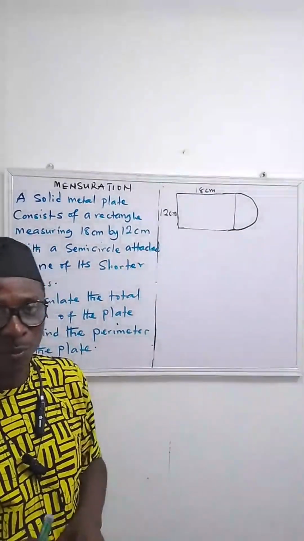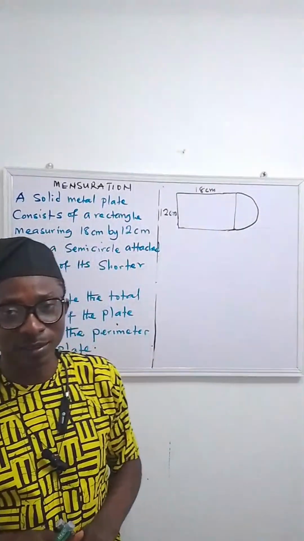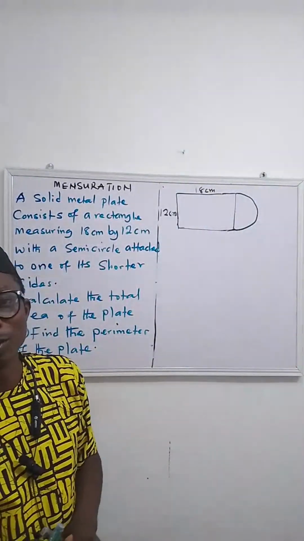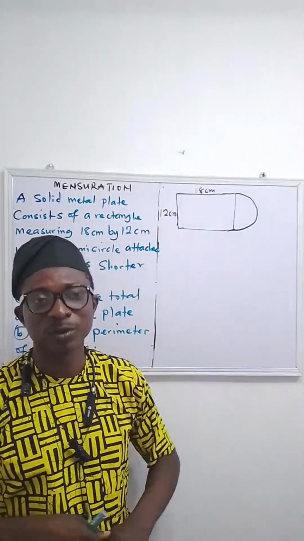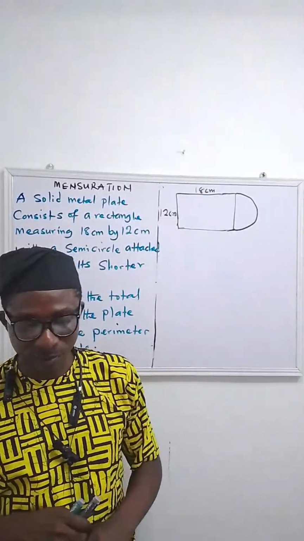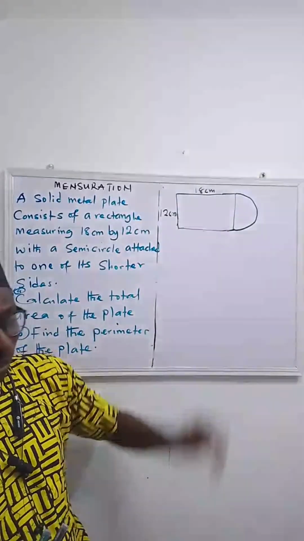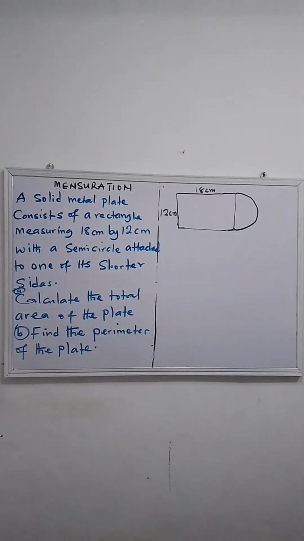If you actually know, drop that in the comment section. Let me see those of you that can give me the answer to that, because that is the first thing you must know. So how do you get that? What is the radius of the semicircle based on what we have here? I want to see those of us that can quickly give me the answer. Yes, what is the radius?